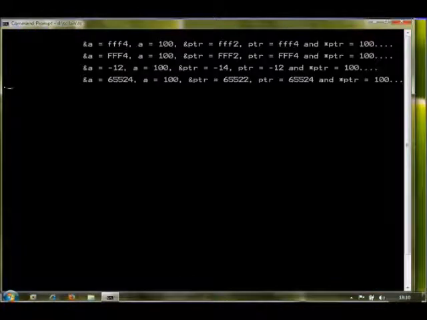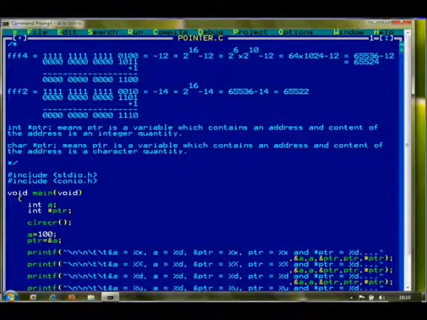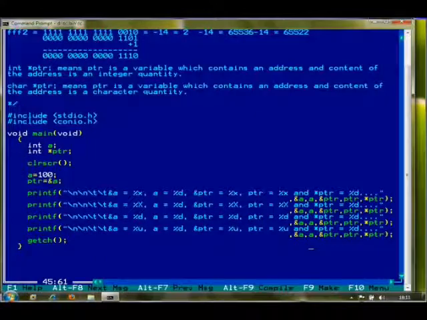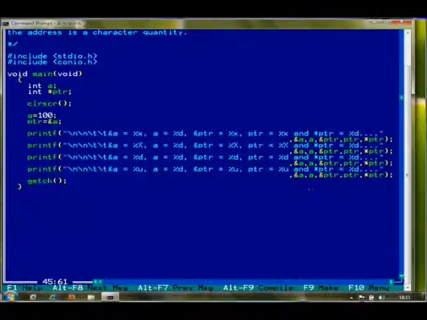Let me check it out. Is it okay for us? So you see, this is the case. In this way, I have depicted how this particular value is getting displayed in different formats.